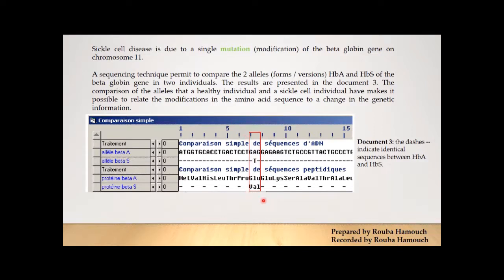As we can see, for the two alleles beta A and beta S, note that the dashes indicate identical sequences between these two alleles.